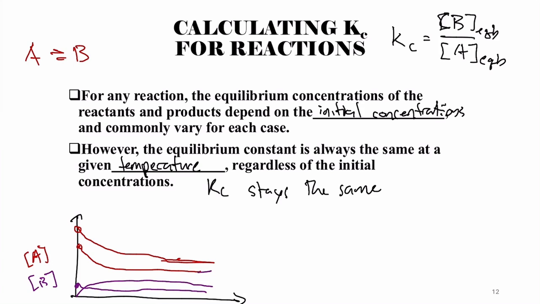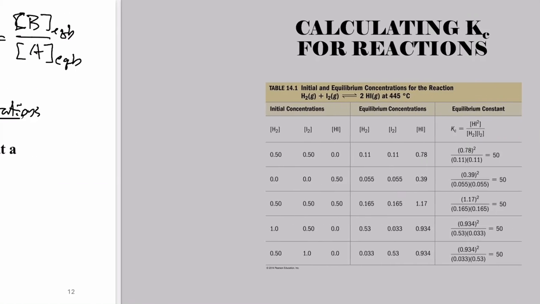Again, it's not the initial concentrations that are important for the equilibrium constant value, but they do tell us what the values of the concentrations will be at equilibrium. The thing that remains constant is the ratio of those concentrations. As long as it's given at the same temperature, you should have that same ratio no matter what. And that's what I mean eventually when we talk about thermodynamics, how temperature will come into play in affecting the equilibrium constant.